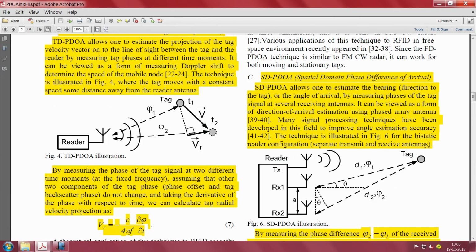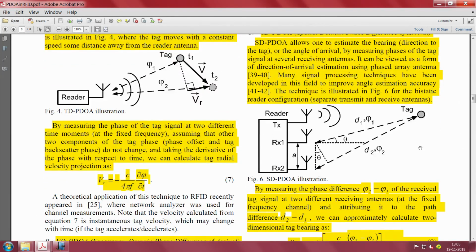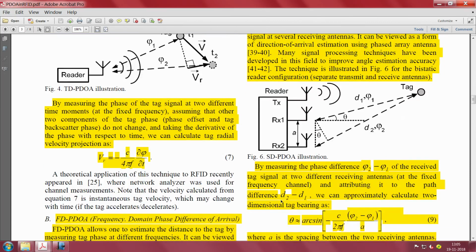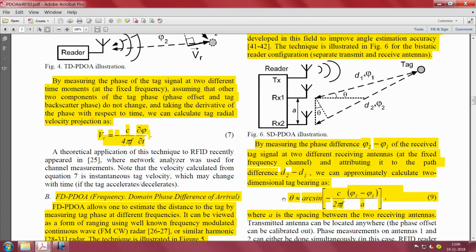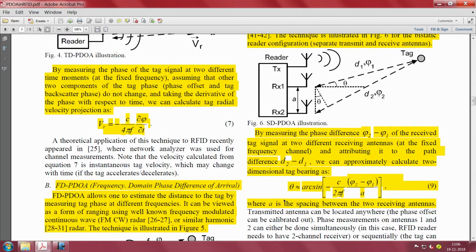It is now simple: by measuring the phase difference phi 2 minus phi 1 of the received tag signal at two different receiving antennas and attributing it to the path difference D2 minus D1, we can approximately calculate the 2-dimensional tag bearing. You can find it using the arc sine of this expression.